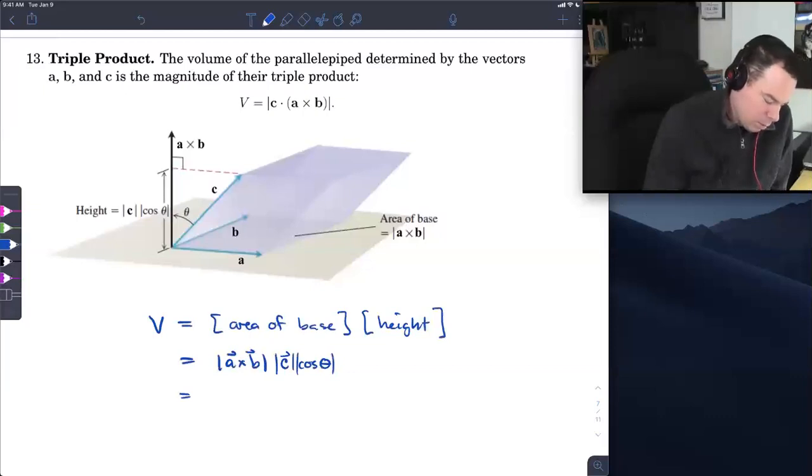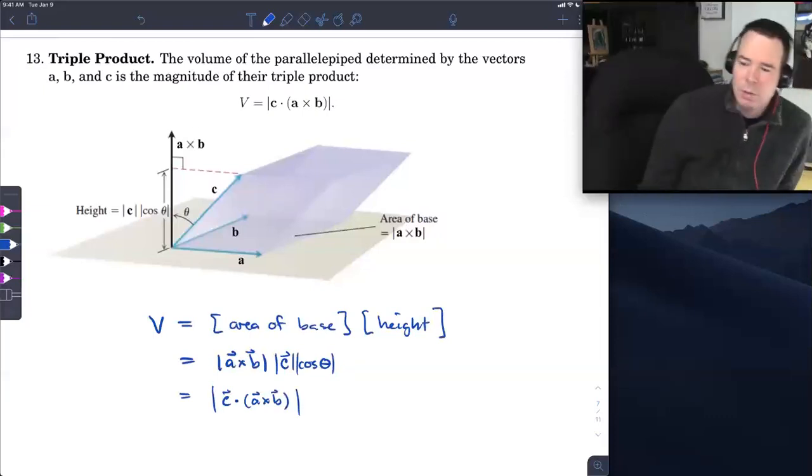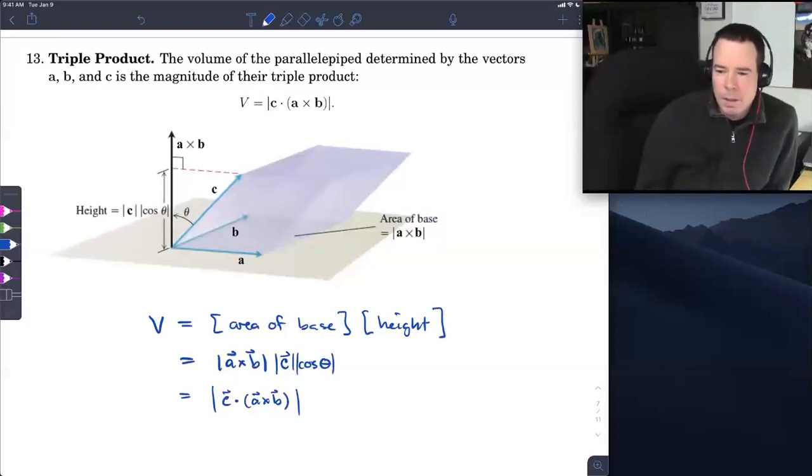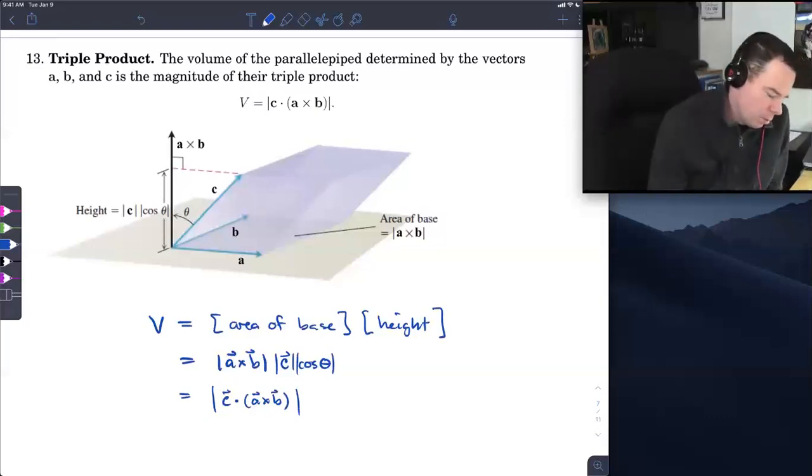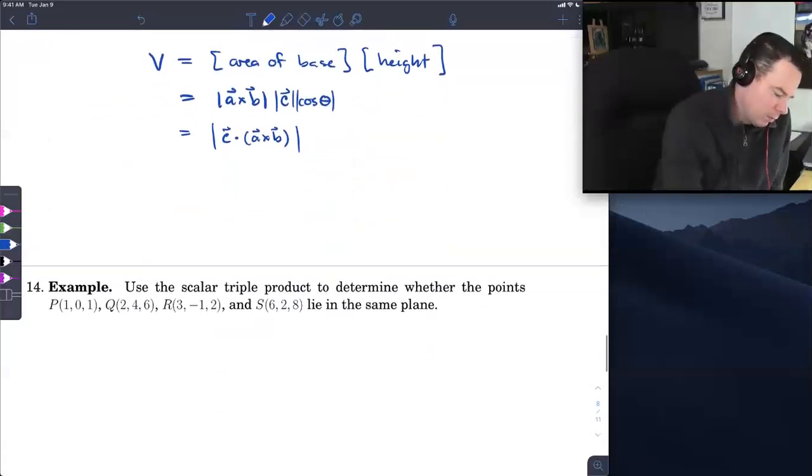There's an extra absolute value sign around the cosine theta, but this is effectively the dot product of C and A cross B, with the extra magnitude because it's supposed to be a positive quantity, and so that's where that positive or magnitude of the cosine comes in. So it turns out that this scalar triple product gives us the volume of the parallelepiped. So let's do an example of this.